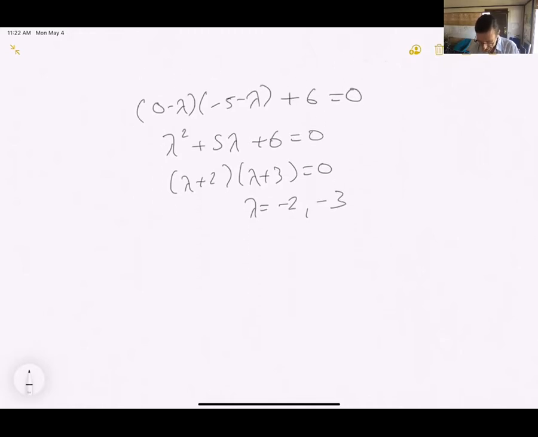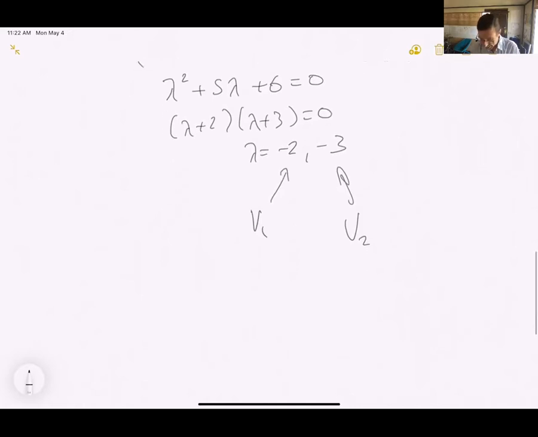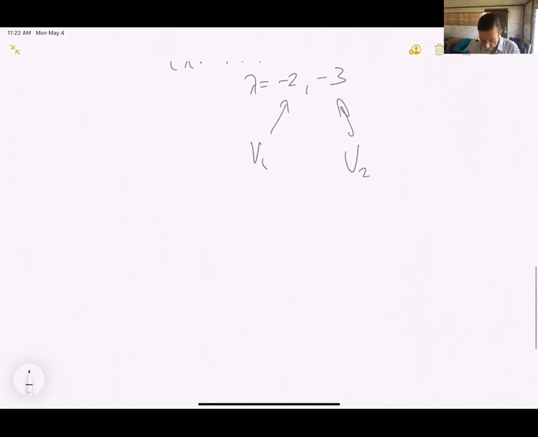It's not going to really matter. Let's say V1 is the eigenvector corresponding to -2, and V2 is the eigenvector corresponding to -3. Okay, then the general solution would be what?